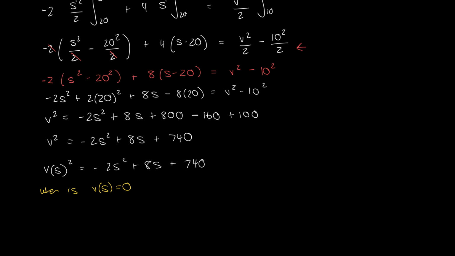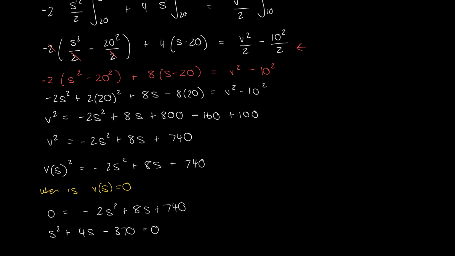So we're going to have 0 is equal to minus 2s squared plus 8s plus 740. And that is going to give us s squared plus 4s, I'm dividing everything by minus 2, minus 370 is equal to 0.